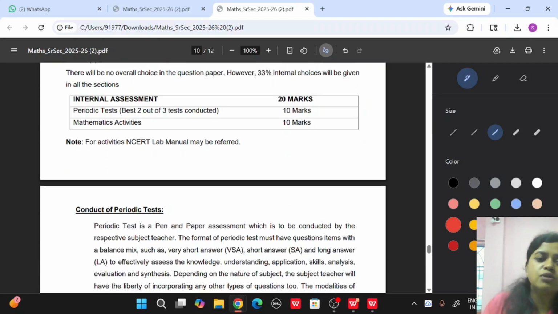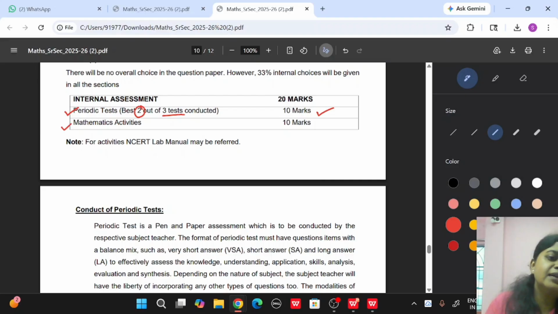How will these 20 marks be divided? First, periodic tests: 3 tests will be conducted, and out of 3, the 2 best periodic tests will be taken. In whichever tests you score better, the marks of those 2 tests will be taken. That will be 10 marks.